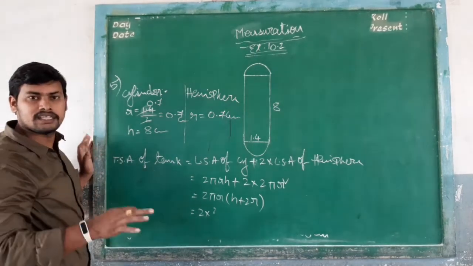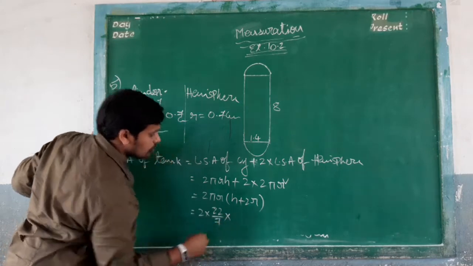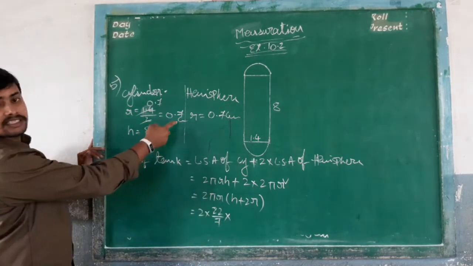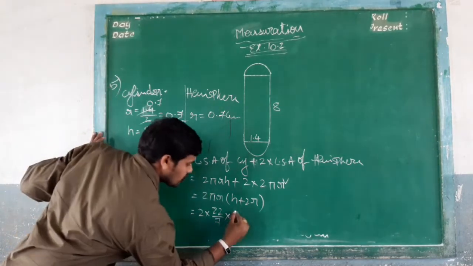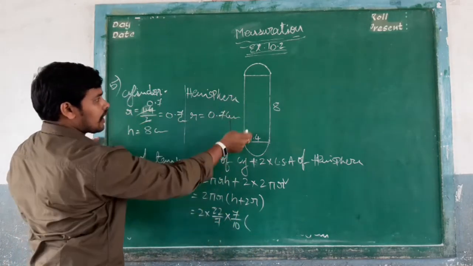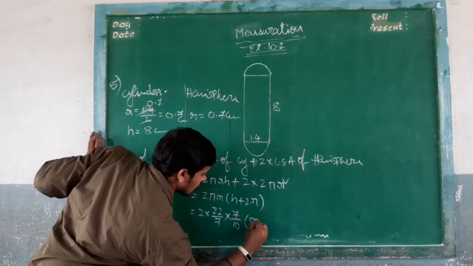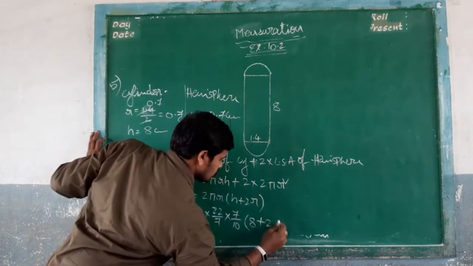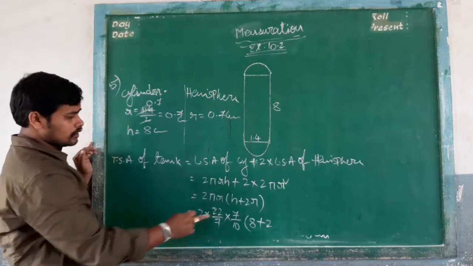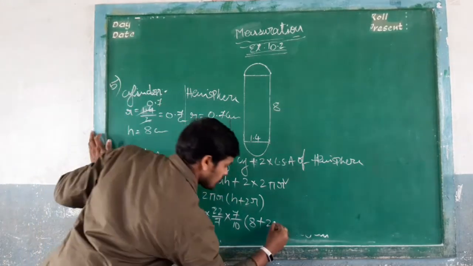We didn't mention anything, so I take pi as 22 by 7. The radius is 0.7, which can be written as 7 by 10. h is the height of the cylinder, 8, plus 2 times 0.7.